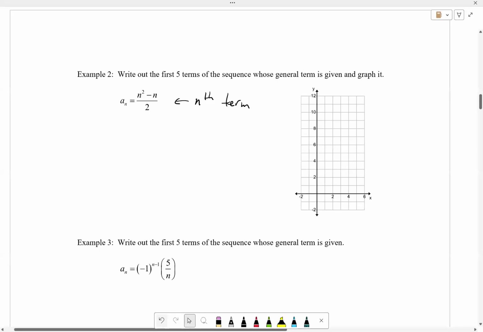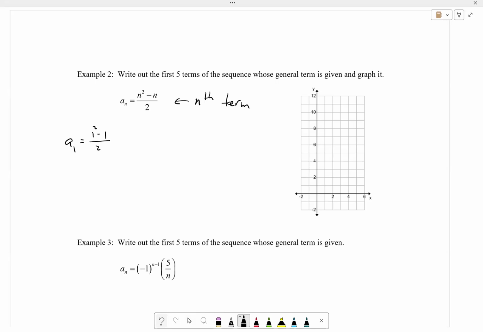So if this is the nth term, and we want to find the first term, a sub 1 is equal to 1 minus 1 over 2. The subscripts will always be 1, 2, 3, 4. Yes, plug in 1, 2, 3, 4.